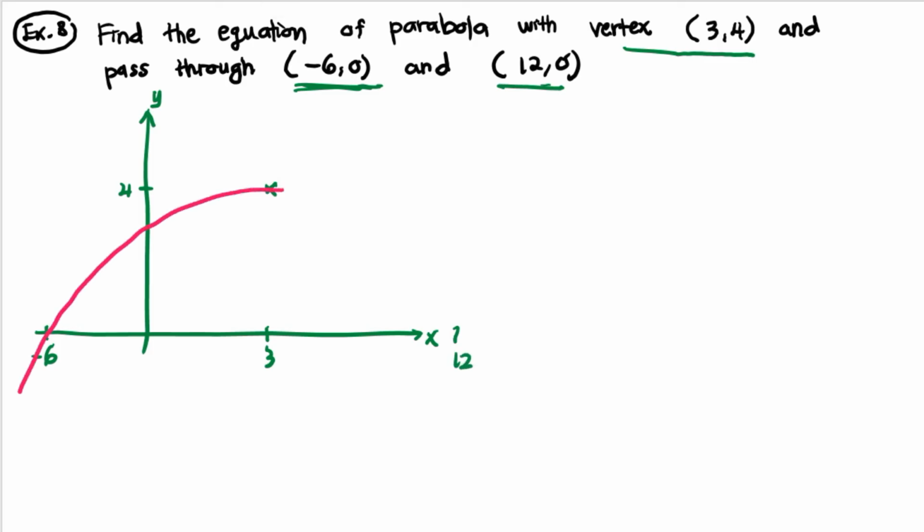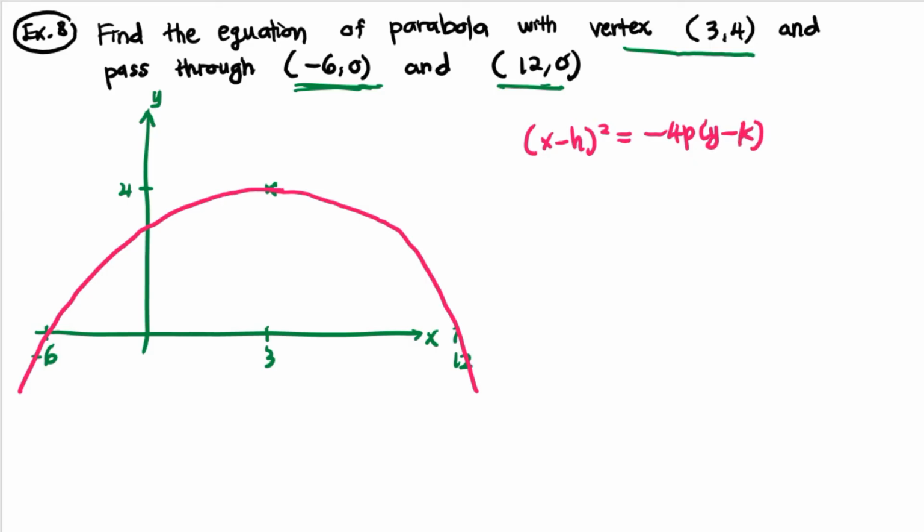So the shape of the parabola will be something like this, because it passes through (negative 6, 0) and (12, 0). We know that it opens downwards this way. Therefore, the form of the equation will be (x minus h) squared equals negative 4p (y minus k).